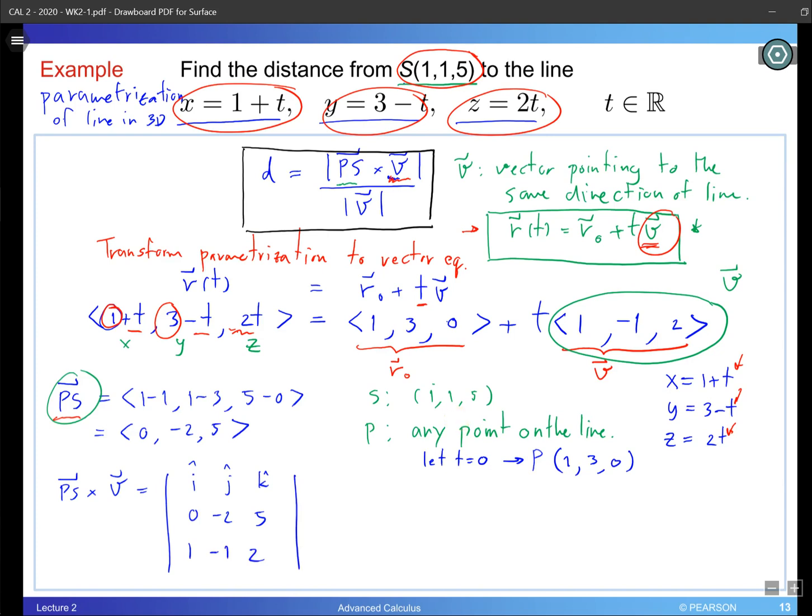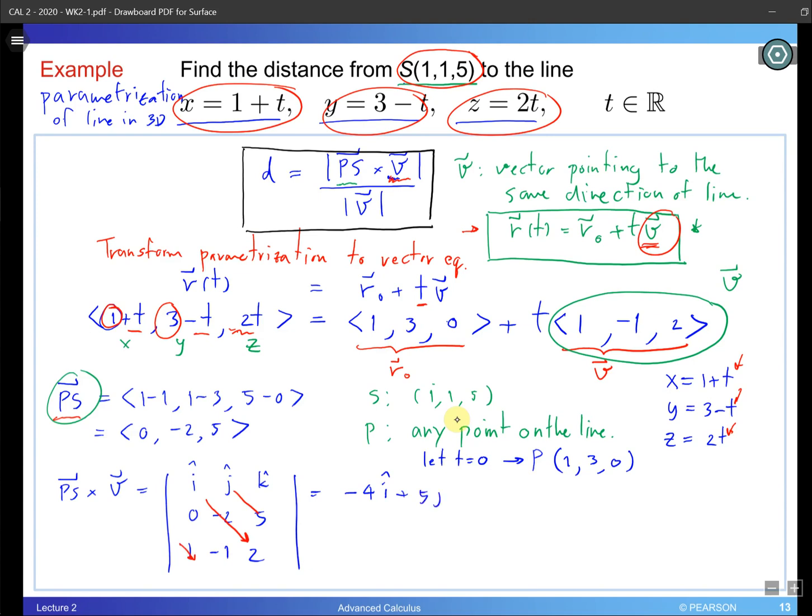Let's perform the multiplication. Cross down the first one, I get minus 4i. Cross down again, 5 and 1, I get 5j.